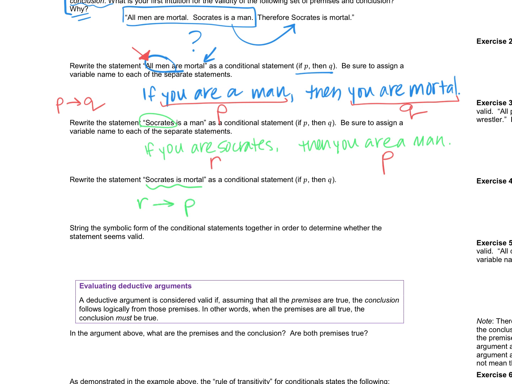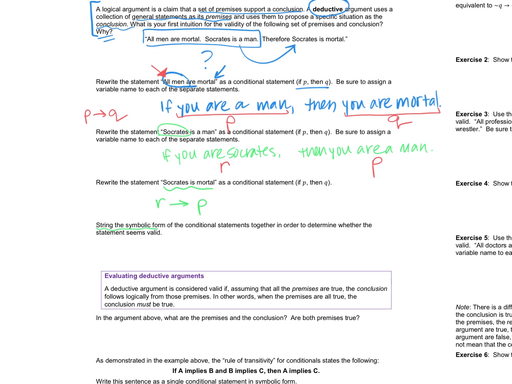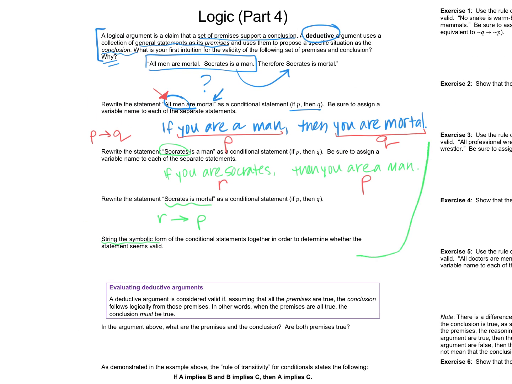So for this next part, it wants us to string together these two forms and see if we end up basically with that conclusion that Socrates is mortal. And so you can see what we have. There's kind of a matchup with this premise and this conclusion.